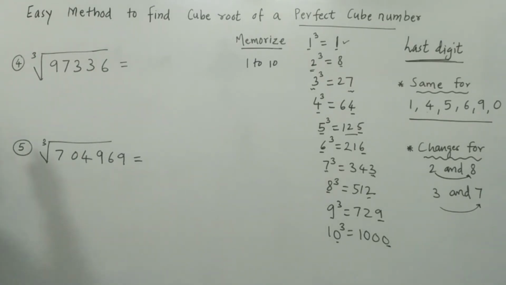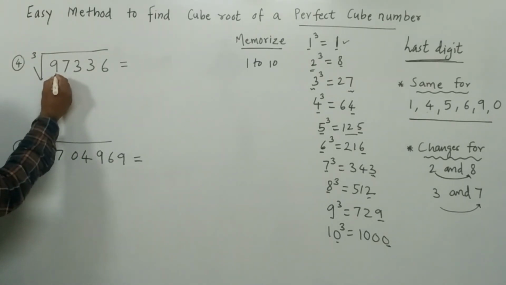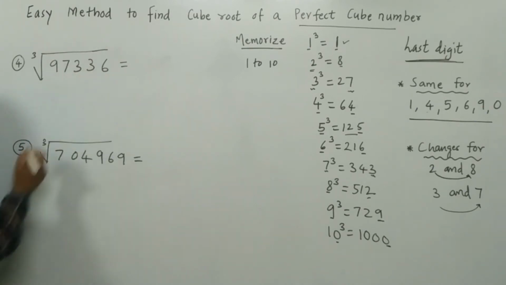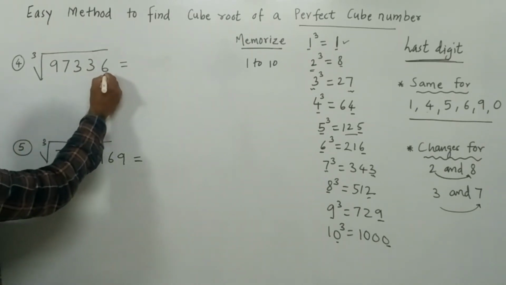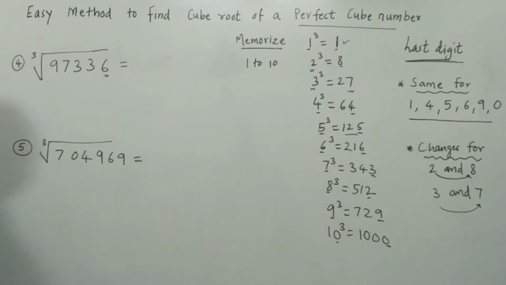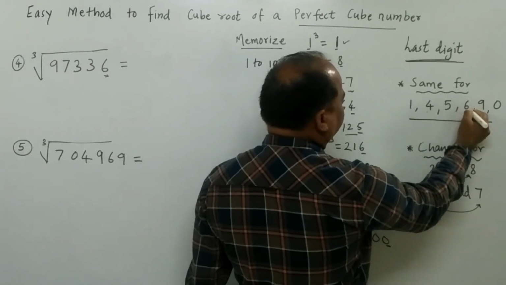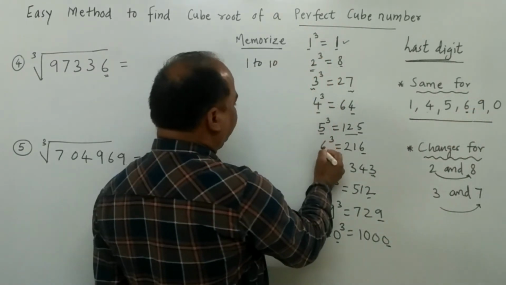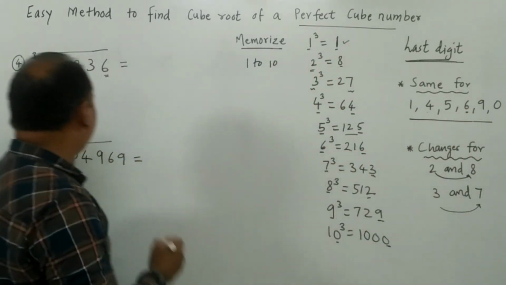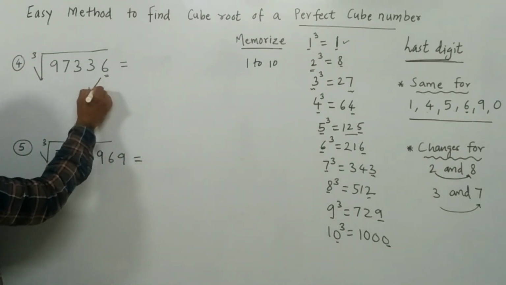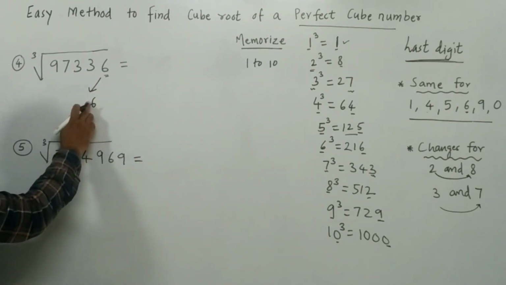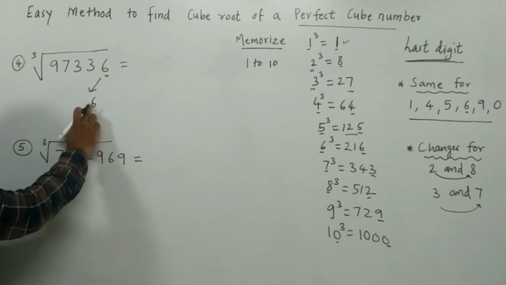Fourth example, let us see the cube root of 97336. The last digit of this perfect cube number is 6. According to the rule, 6 stays 6. So the unit place of the cube root will be 6.